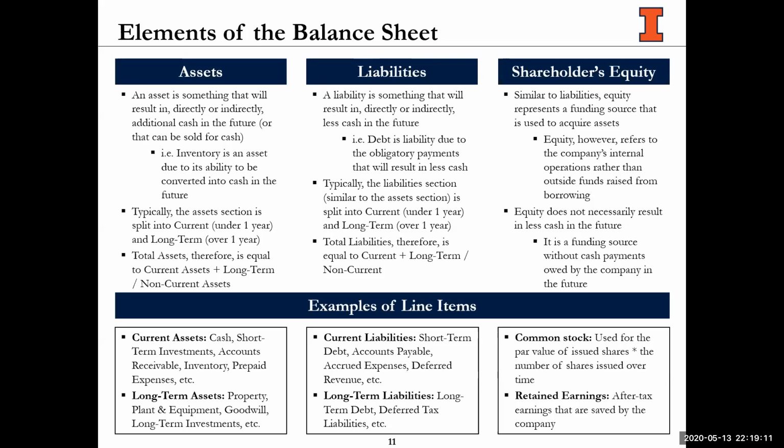Another way that you see shareholders' equity increase is retained earnings. When a company has net income, or income after taxes, they'll increase this balance because this is residual earnings that they have. Retained earnings is also used whenever they pay out dividends. Dividends reduce retained earnings, whereas net income would increase retained earnings.